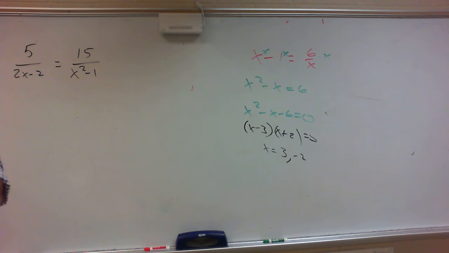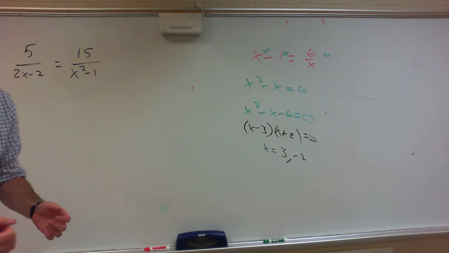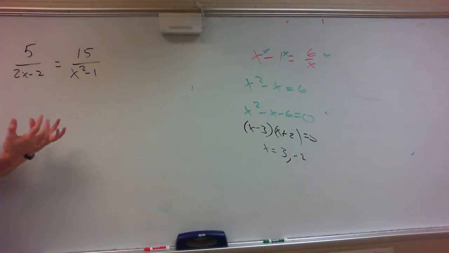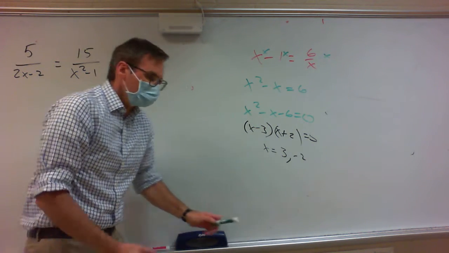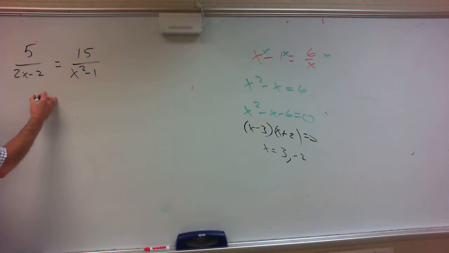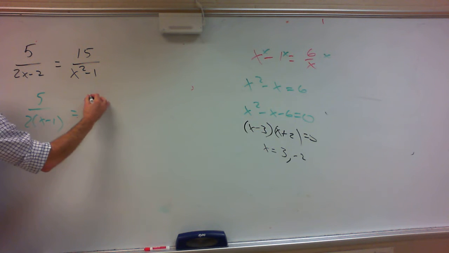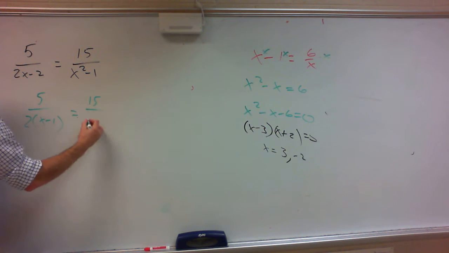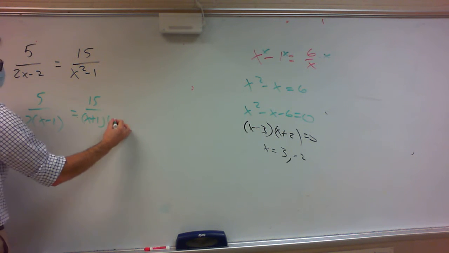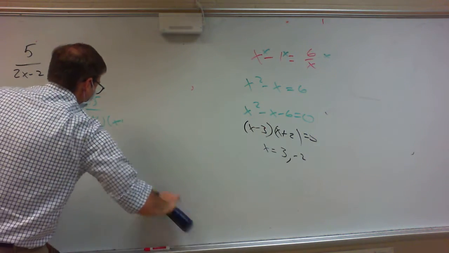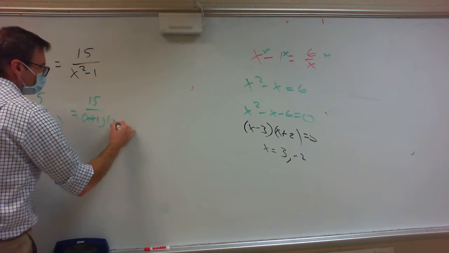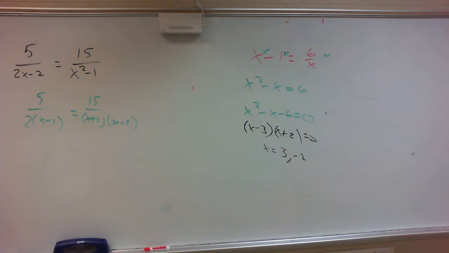See, y'all are learning, right? You look at things and you ask, is there anything you can factor? When I look at this, I get 5 over, well, I can factor a 2 out, so that's 2 times x minus 1. That's going to give me 15 over x plus 1 times x minus 1. Everybody okay with that?